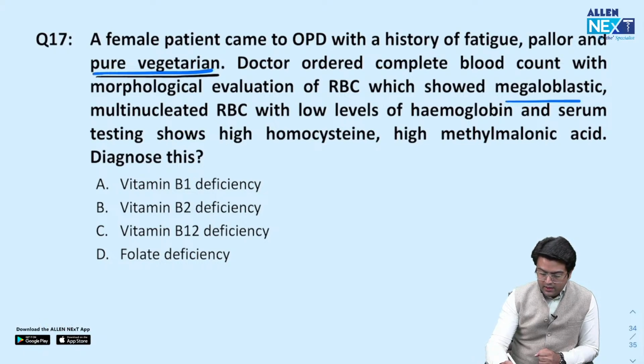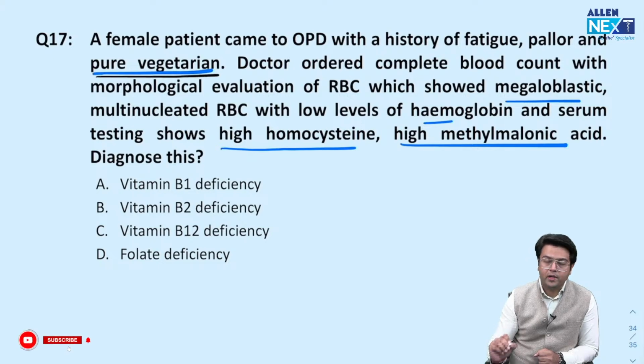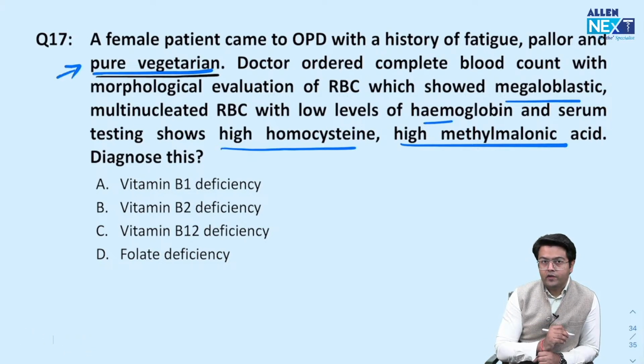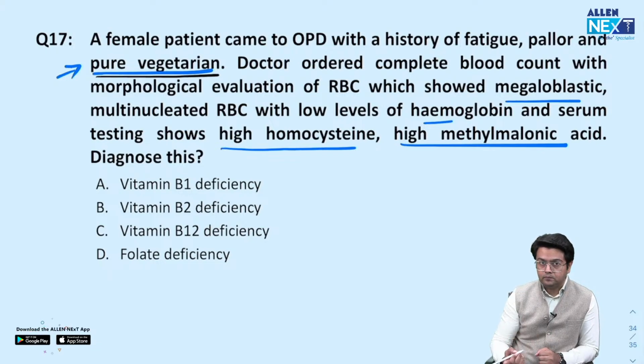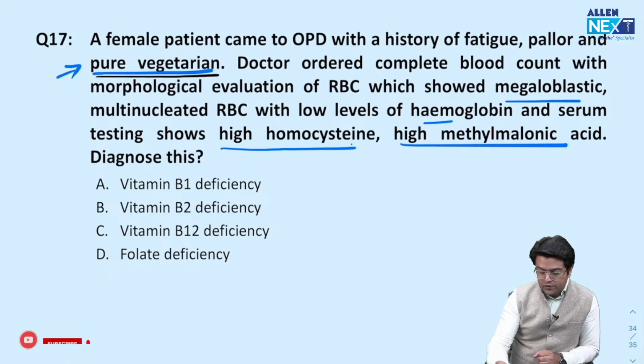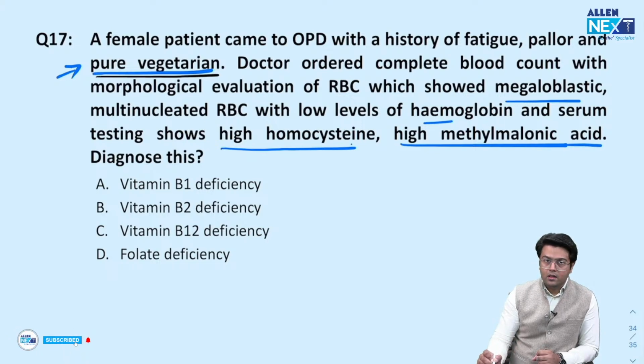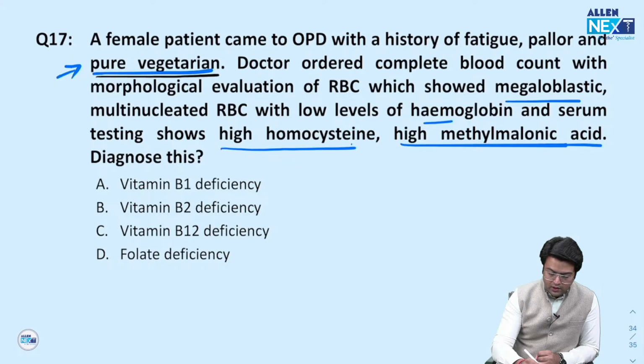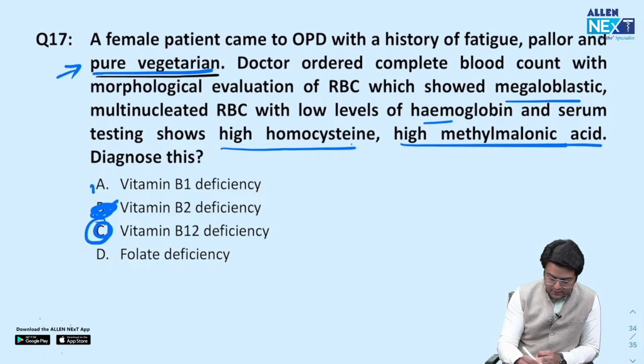Hemoglobin was low, serum shows high homocysteine and high methylmalonic acid. So guys, the hint is that she is a pure vegetarian, and pure vegetarian people are deficient in vitamin B12. High homocysteine and high methylmalonic acid, so because of the B12 deficiency, that is our answer. C is the correct answer, not B.